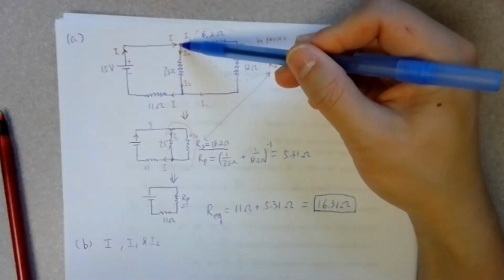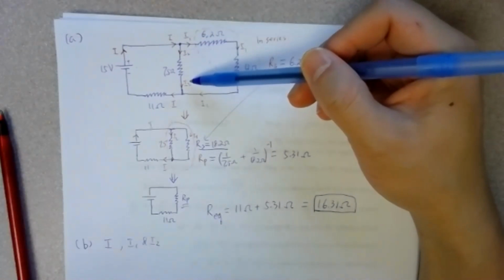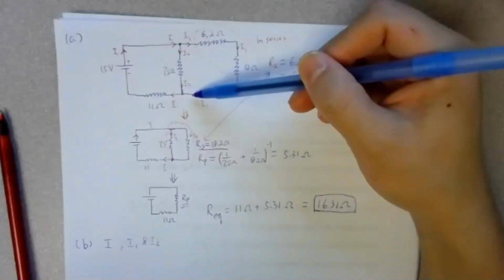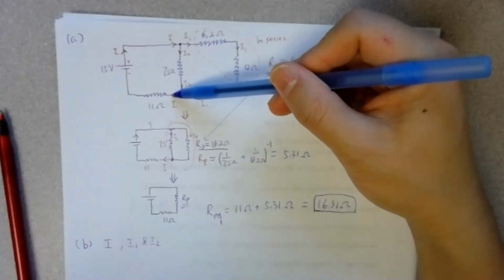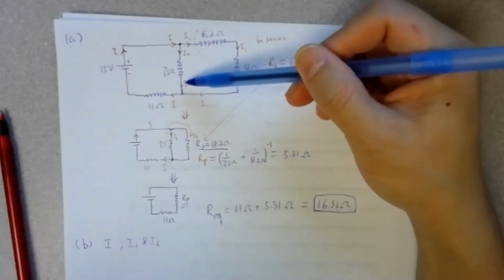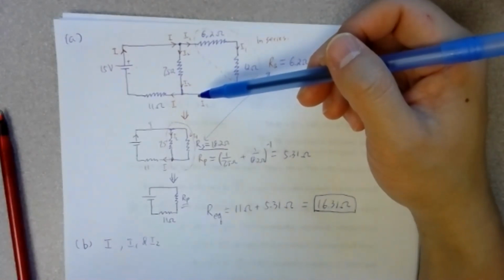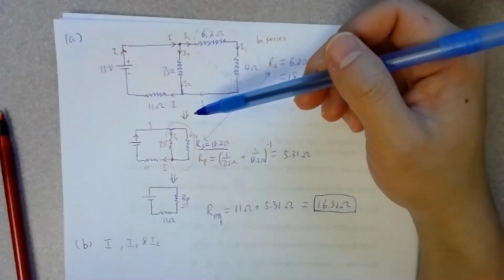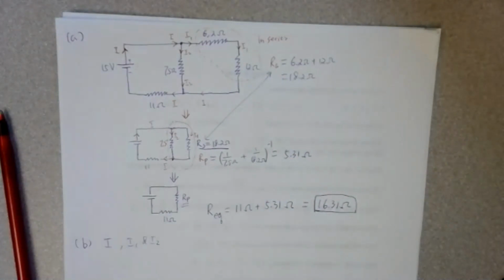Because I goes in at this point and then splits into 2, I1 and I2. So I should be equal to I1 plus I2. Or at this point, you can see I1 and I2 come in and then merge, and it becomes I. So I is equal to I1 plus I2. So really you are just looking for I and then either I1 or I2, and once you have I and one of them, you'll figure out the other.